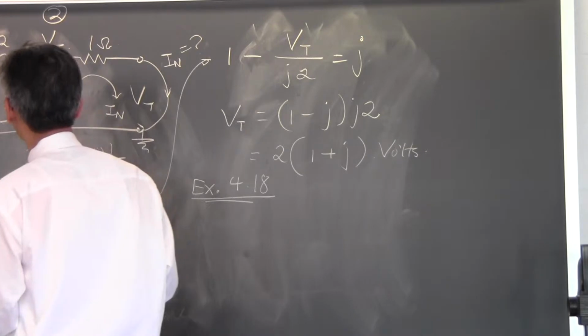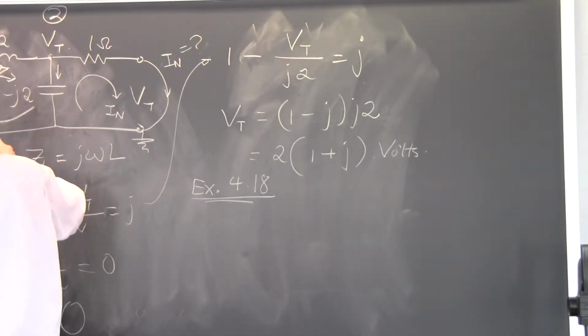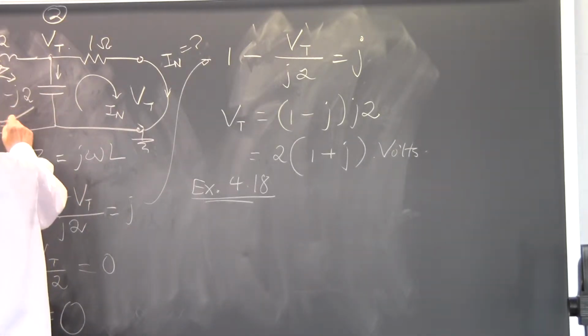I1 plus j is the current going through the inductor, that's right. So this current will be I1 plus j.